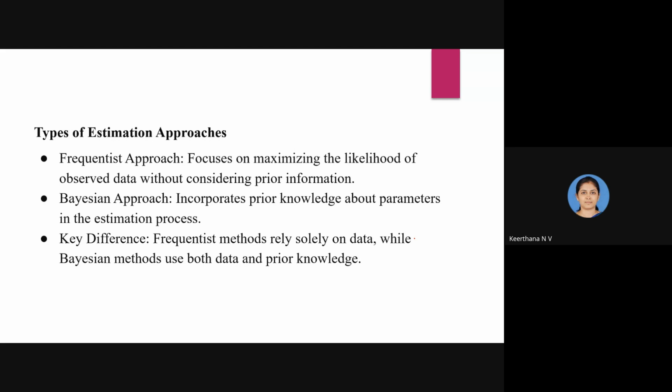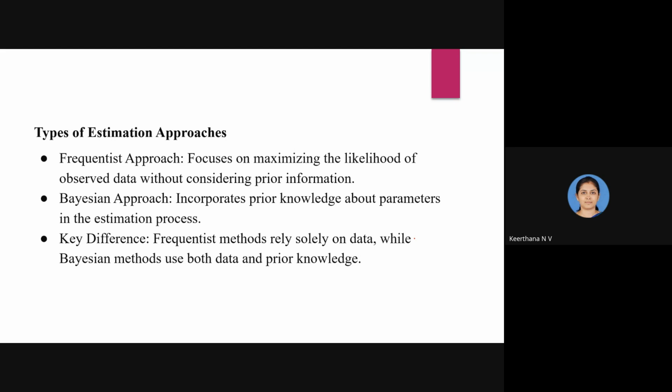My idea is that if you are doing any research, you have to do these parameter estimations. For that, better go for a Bayesian approach for more accuracy and high optimization of your models.